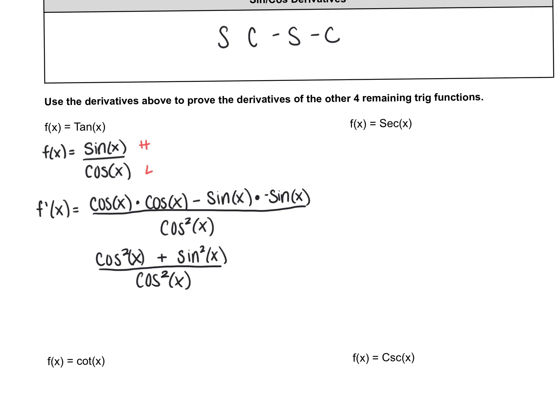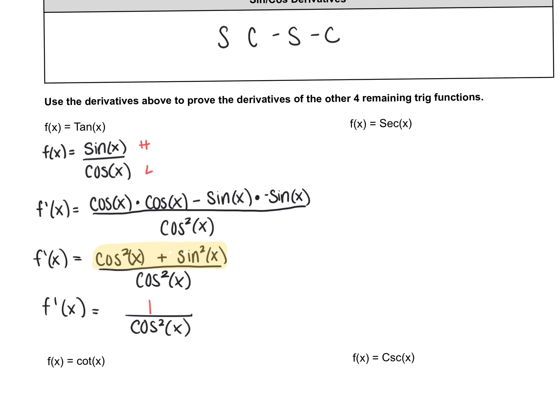Now, unfortunately, to finish this, you need to remember one of those trig identities from pre-calc, that cosine squared plus sine squared is actually equal to 1. So this is 1 over cosine squared of x. So my derivative, f prime of x, is 1 over cos squared.